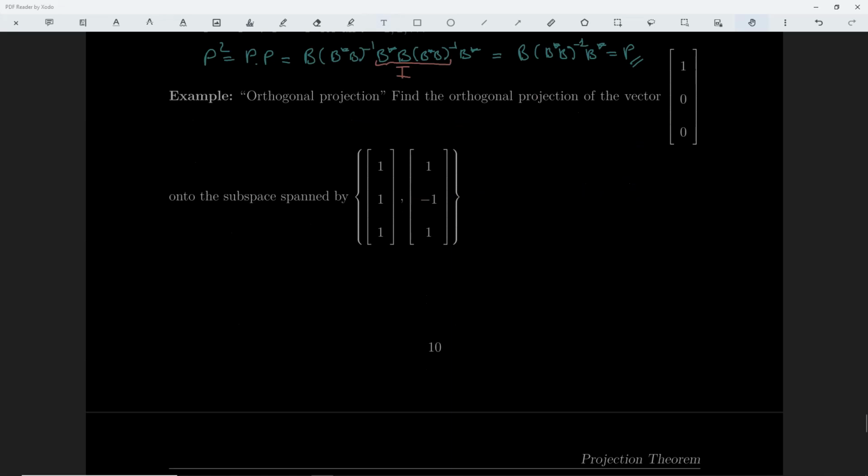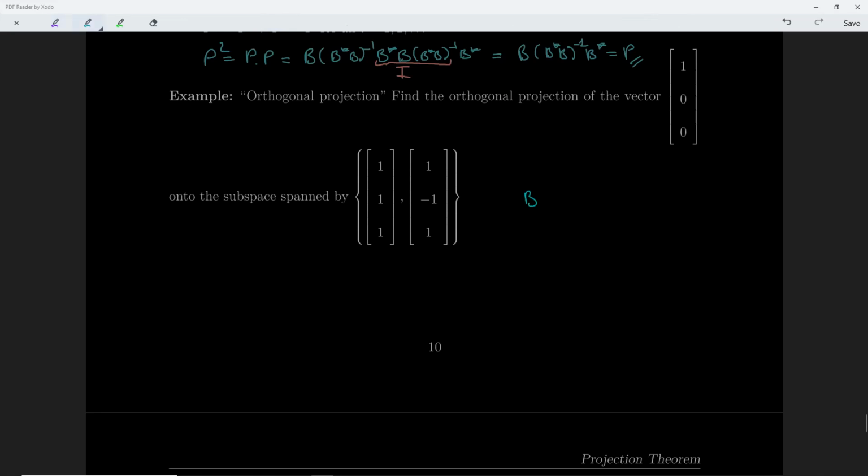All right, so in the next example, we are asked to find the orthogonal projection of the vector (1, 0, 0) onto the subspace spanned by those two vectors, (1, 1, 1) and (1, -1, 1). So we start by constructing our B matrix, right?